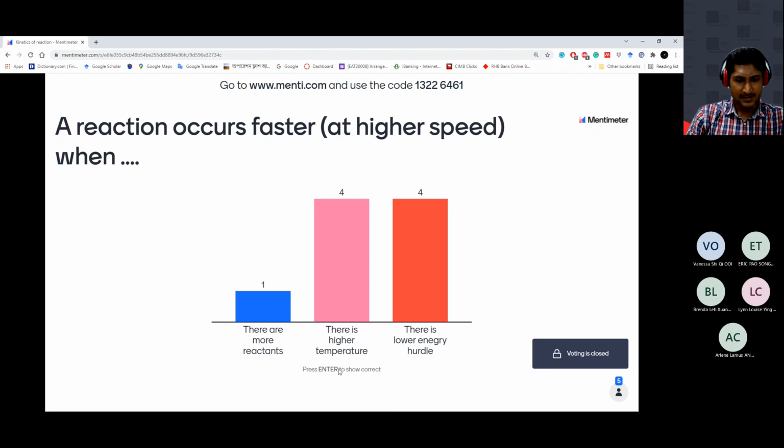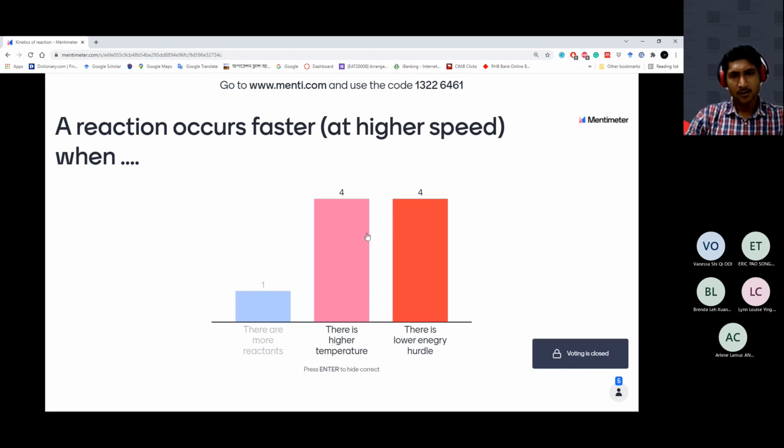Okay, so yes, many of you got it correct. Almost everyone got it correct, because these two are both right: there is a higher temperature and there is a lower energy hurdle. These two are much more correct. There are more reactants doesn't always apply.